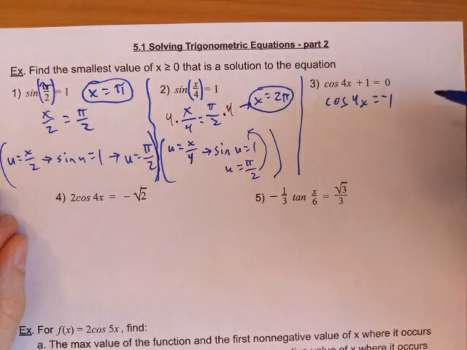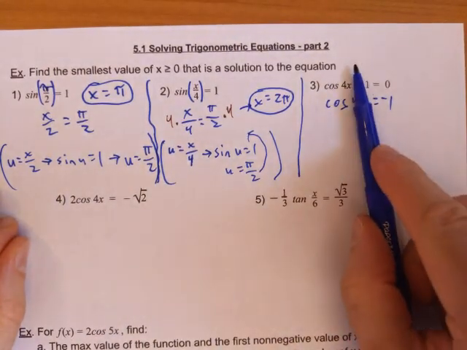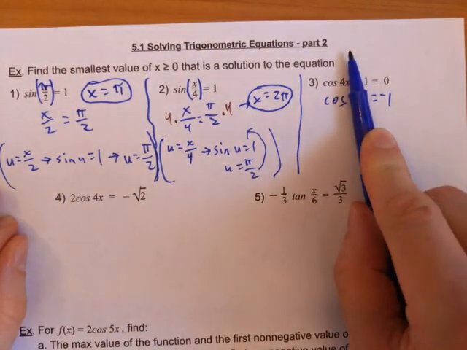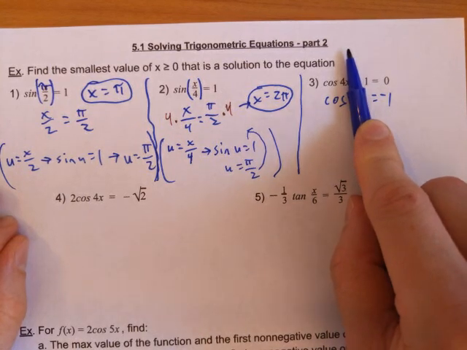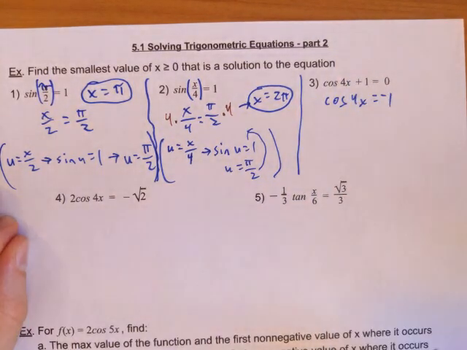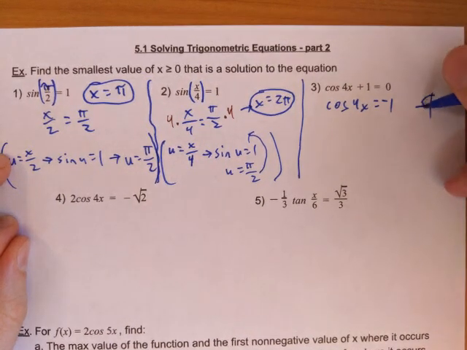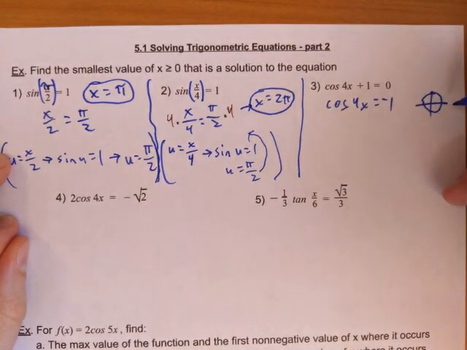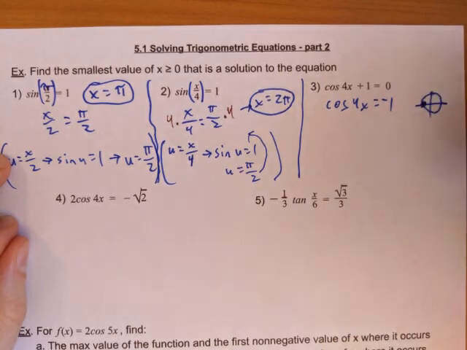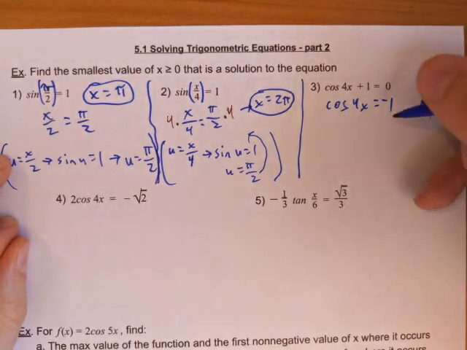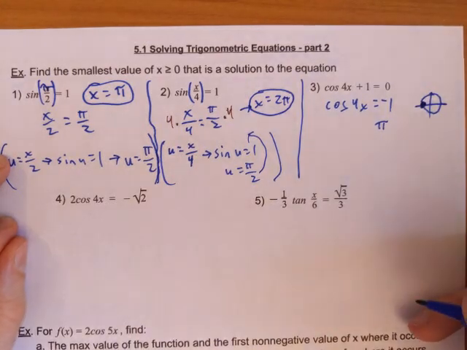Again, what you want to do is ignore that 4x for a second. Just think about it, right? We want cosine to be -1. Well, if you want cosine to be -1 on the unit circle, you're looking for the x coordinate to be -1. That's over to the left. So that means we're thinking about pi.